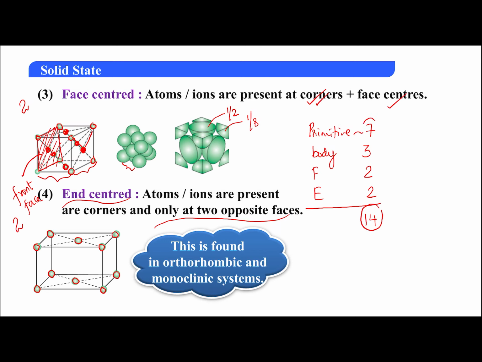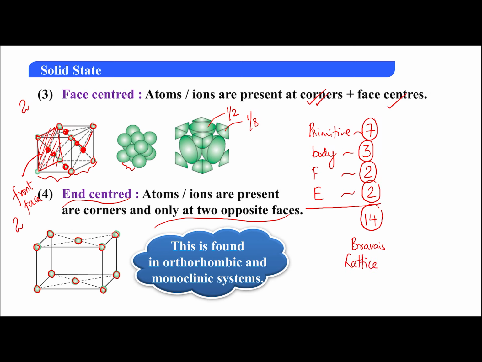Primitive system is found in all 7 crystal systems. Body centered is found only in 3 of those systems, while face centered is found only in 2, while end centered is found only in 2. So, if you count all the numbers, there are 14 Bravais lattices.